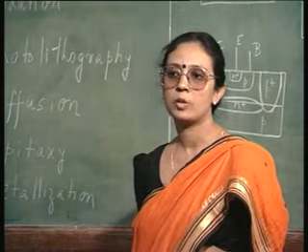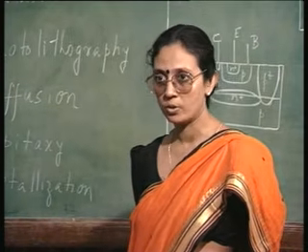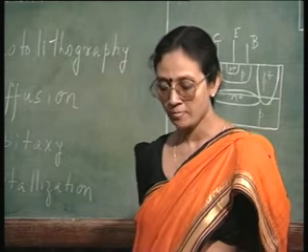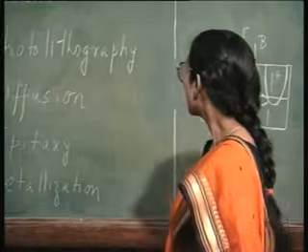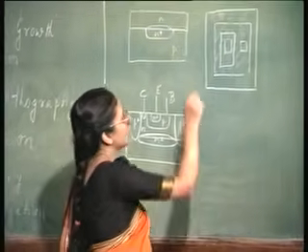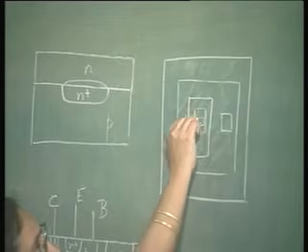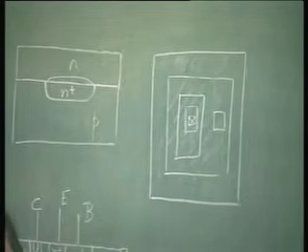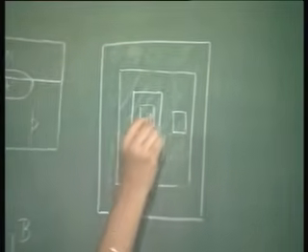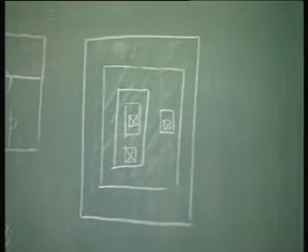The most important problem is called electromigration, which we will discuss later when we discuss the topic of metallization. So, for the metallization, of course, we need to have another set of masks. This is for the emitter contact, this is for the base contact, and this is for the collector contact.